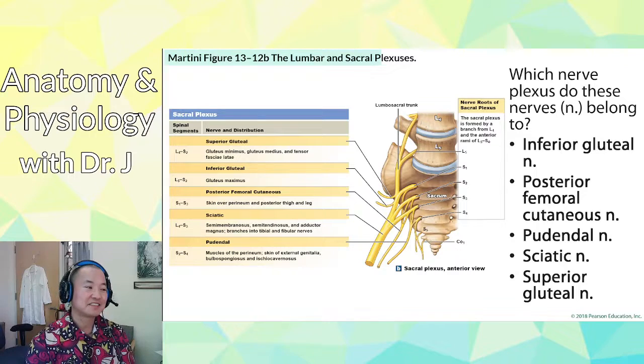Now pudendal is interesting. The Latin root refers to shame. The thing about the pudendal nerve is that it controls a lot of very important things, including muscles of the perineum. So what's the perineum? It's basically that area between the genitals and the anus. That's the pudendal region.